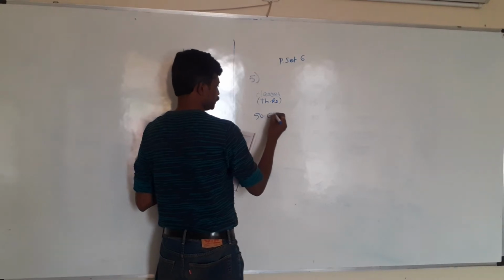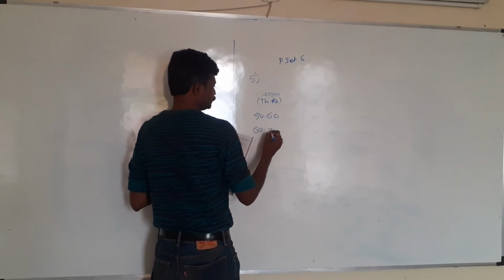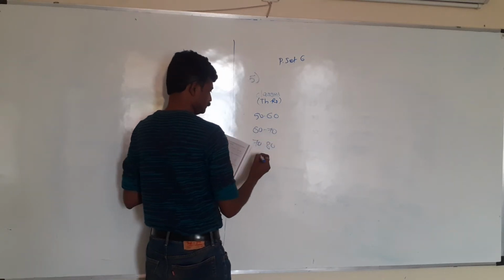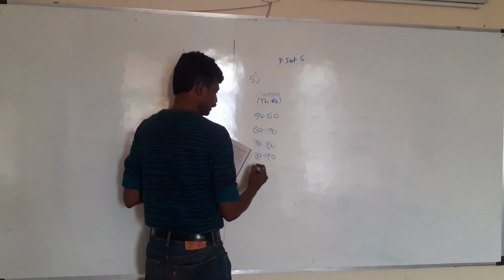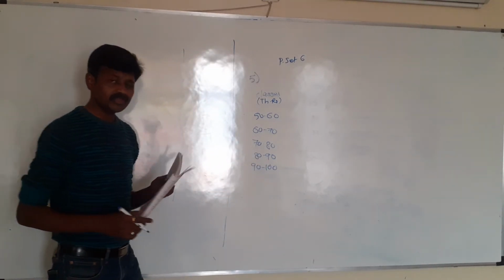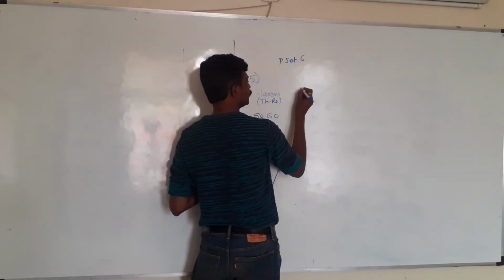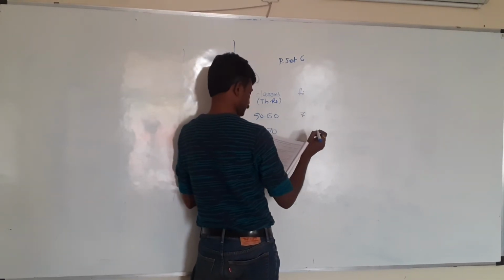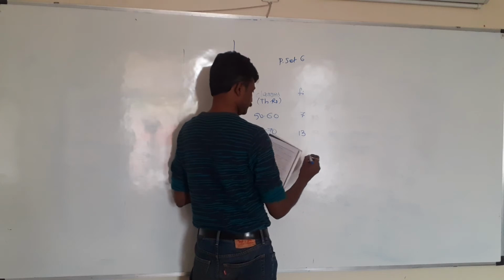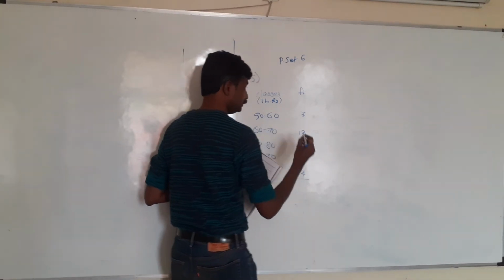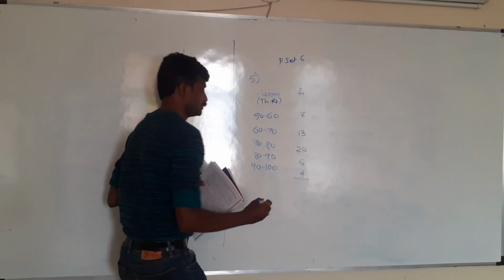First class 50 to 60, then 60 to 70, 70 to 80, 80 to 90, 90 to 100. Number of families is nothing but our frequency. For the first class it is 7, then 13, 20, 6 and 4. We need the sum of the frequency, summation of Fi.